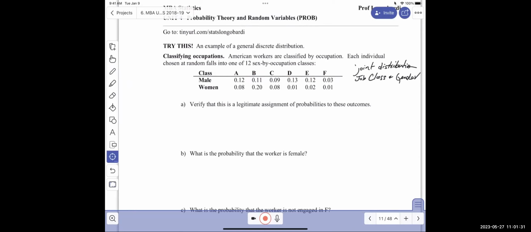What it shows you is we've divided occupations into 6 classes of occupation and 2 genders.